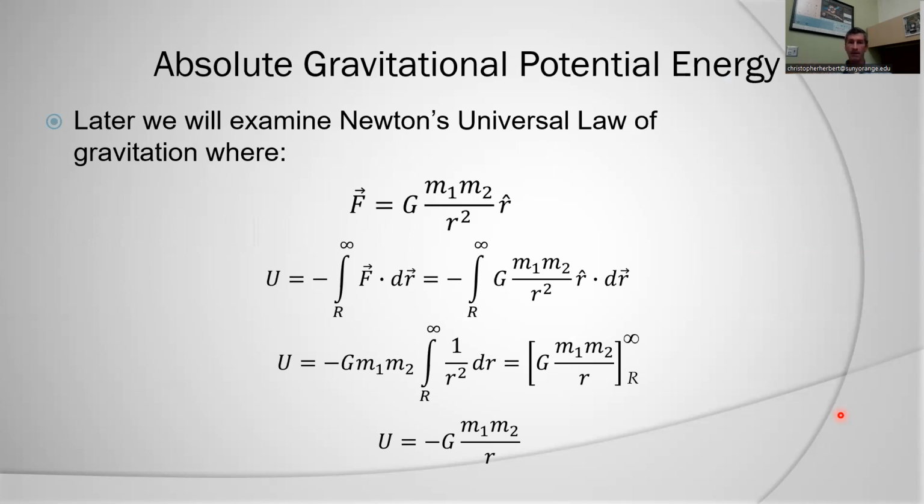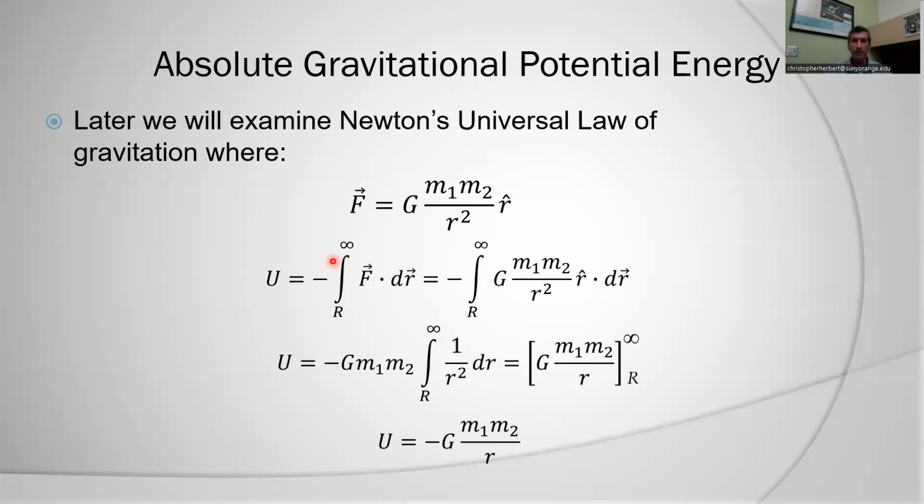Now, if we take Newton's universal law of gravity, we will see in some cases it is more convenient to represent zero energy at a distance at which the forces go to zero. For instance, gravity, by Newton's universal law of gravity, F only goes to zero if the distance between masses is infinite, okay?